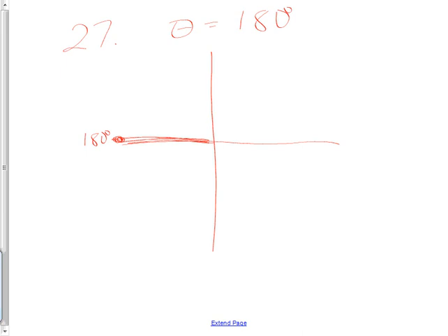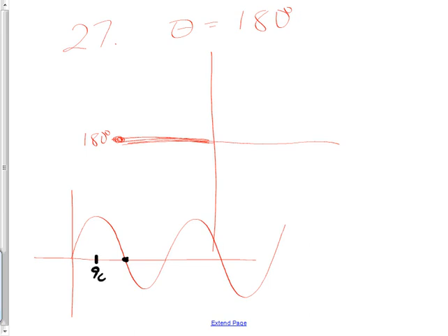It won't make sense in the same way that other ones make sense in terms of opposite over hypotenuse and stuff, but it'll make sense when it comes to, if you know sine is really doing this, guess where 180 is? Does that make more sense to you? This was 90 degrees. This was 180.